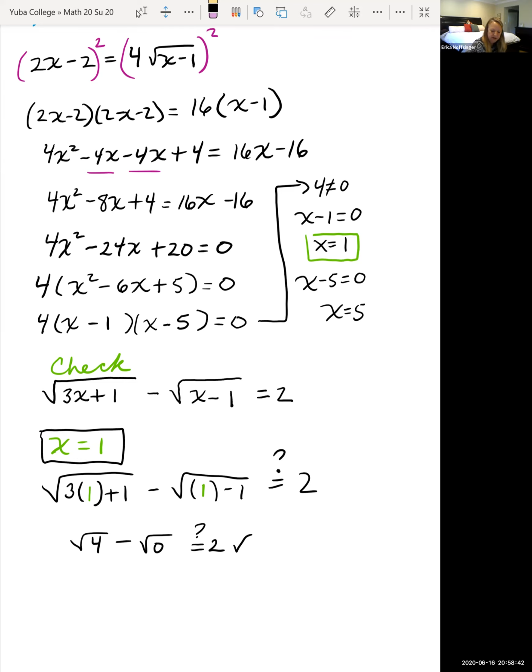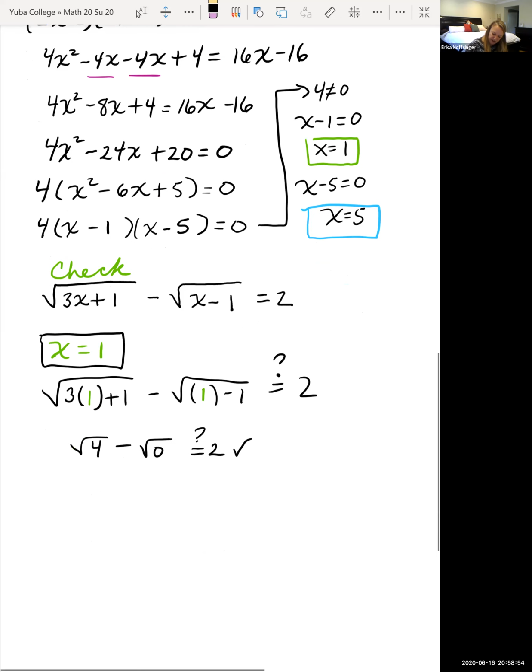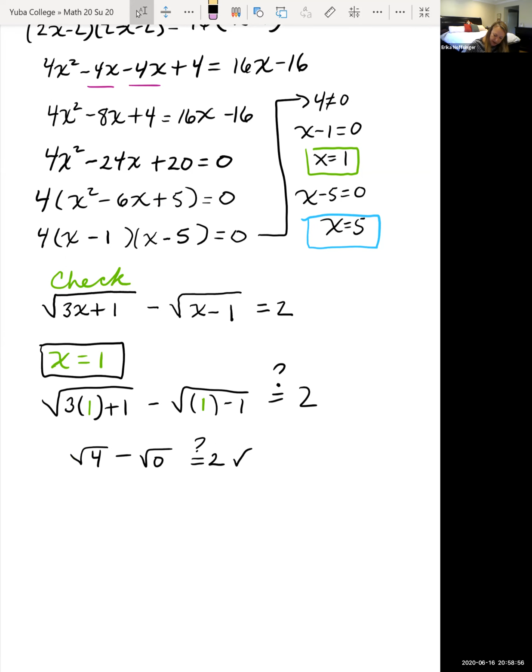And now I have to do the same thing, but now I'm doing it with x equals 5. So x equals 5. We want to go back in. Wherever we see an x in our original equation, we're going to be plugging in 5.